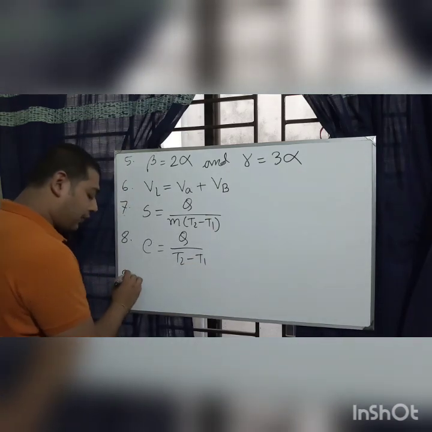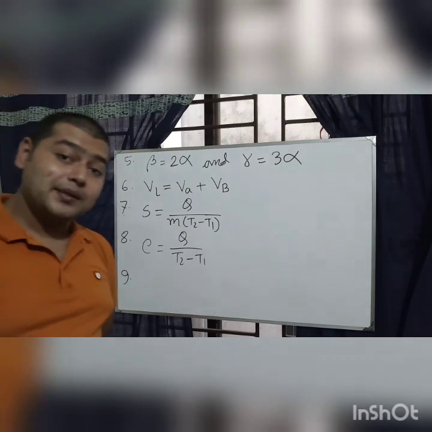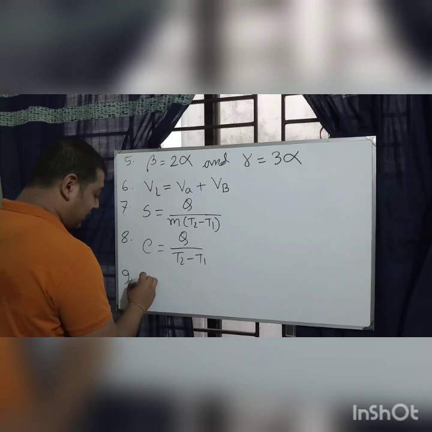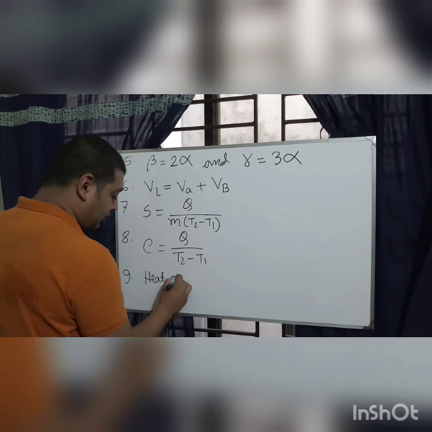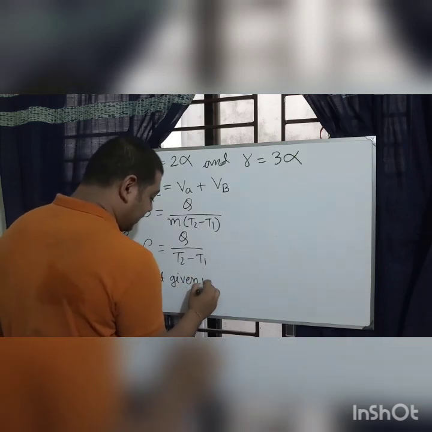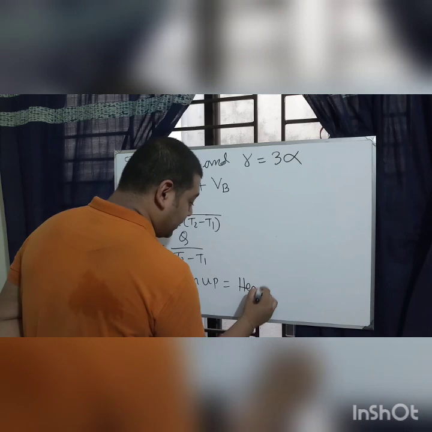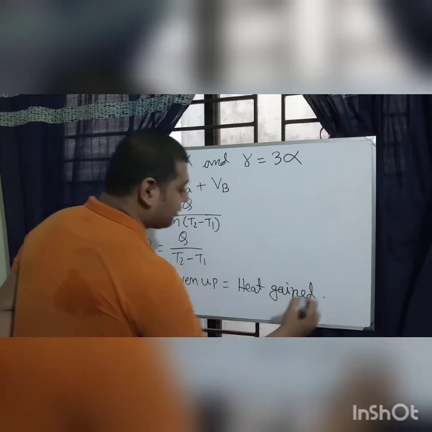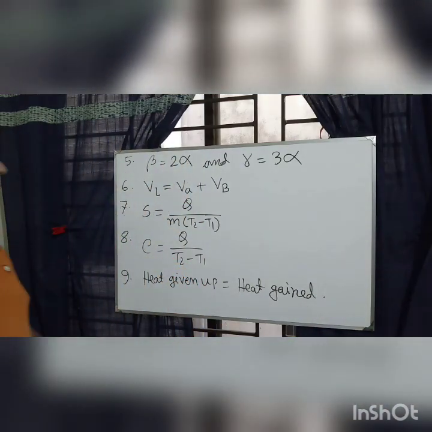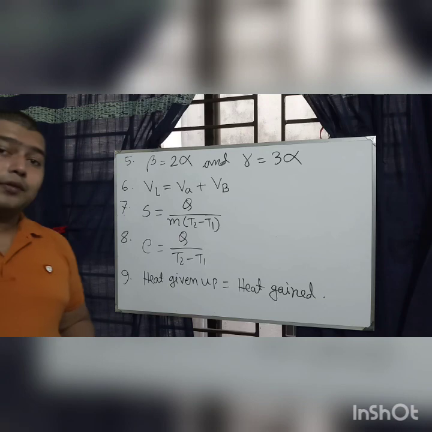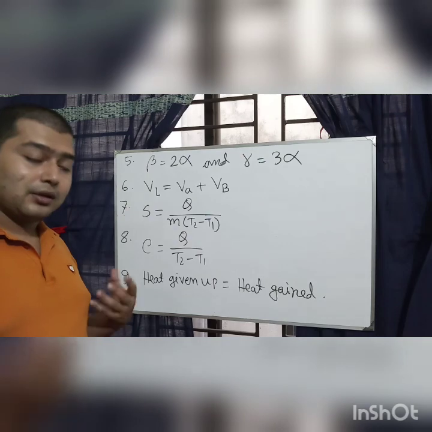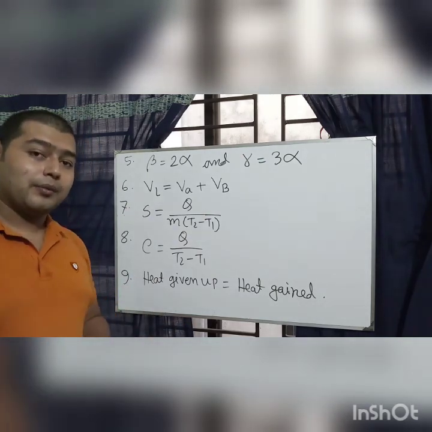And our final equation is the fundamental principle of calorimetry, and that is heat given up equals heat gain. Okay. Using these equations, we will try to do some mathematical problems.